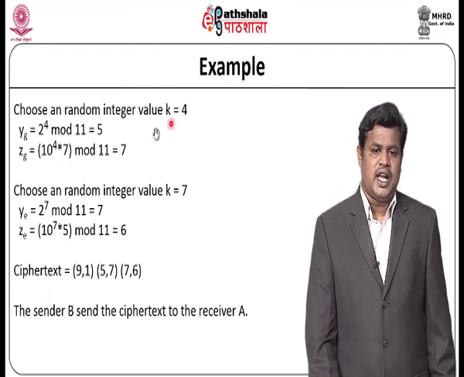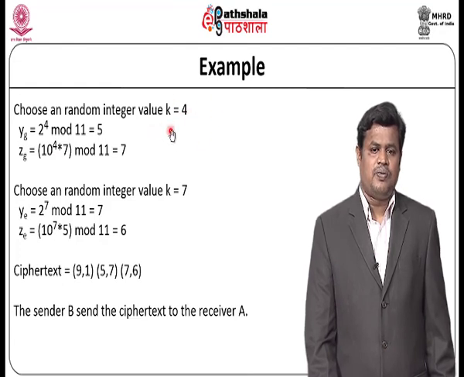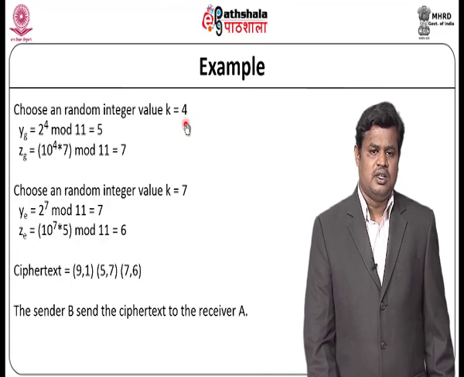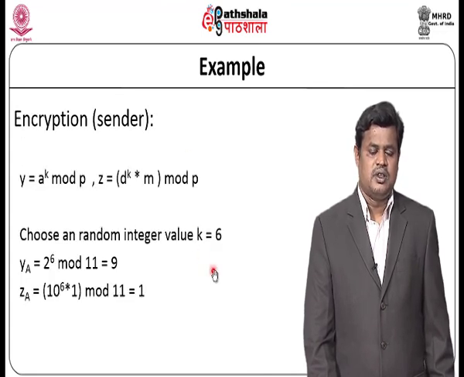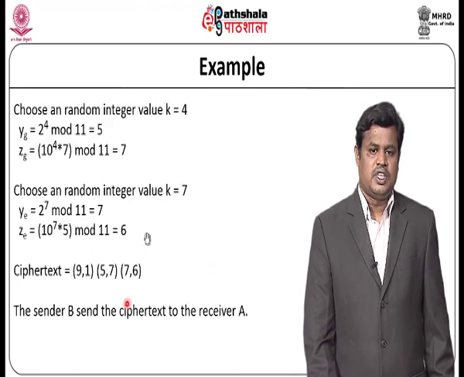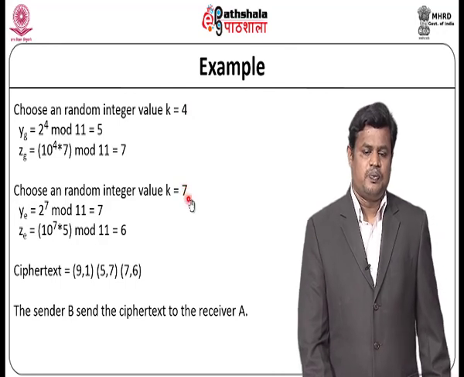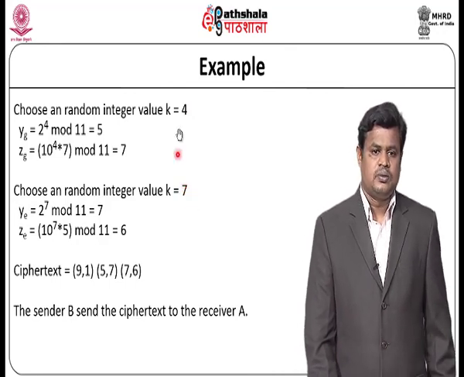Again there is a generation of a random integer: for the next letter k is equal to 4, previously k was equal to 6 for the first letter. For the second letter they choose k equal to 4 and for the third letter they choose k equal to 7.